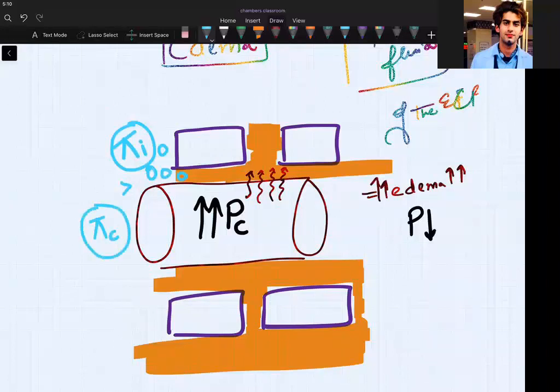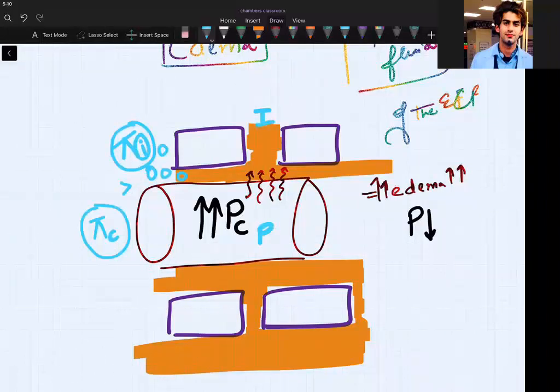Where will the fluid go? If I am making the interstitial oncotic pressure high, that is due to plasma proteins. Okay, proteins. And here in the capillary, proteins are less. Where do you think the fluid will drag? Into the interstitium or into the plasma?